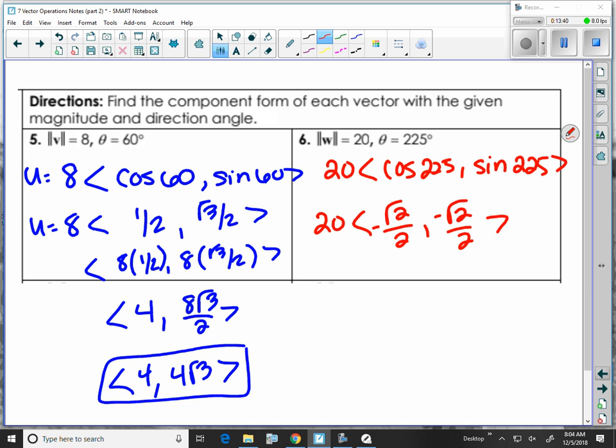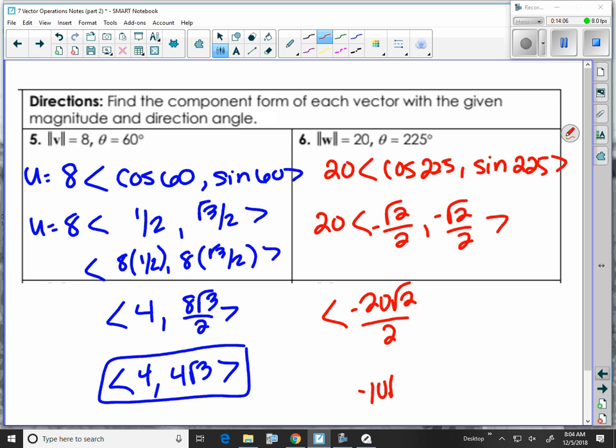Can anybody already see what's going to happen when we distribute? Anybody already see what it's going to simplify to? If I distribute my 20, I get negative 20 radical 2 over 2. What's that going to simplify to? Negative 10, right? Because negative 20 over 2 is negative 10.